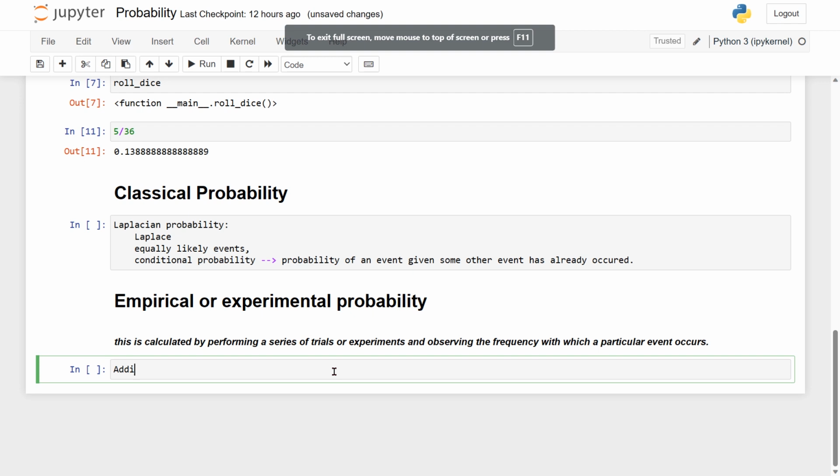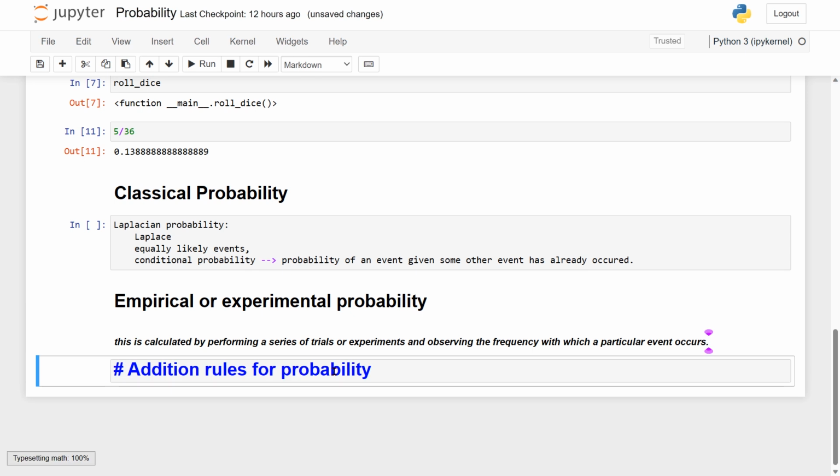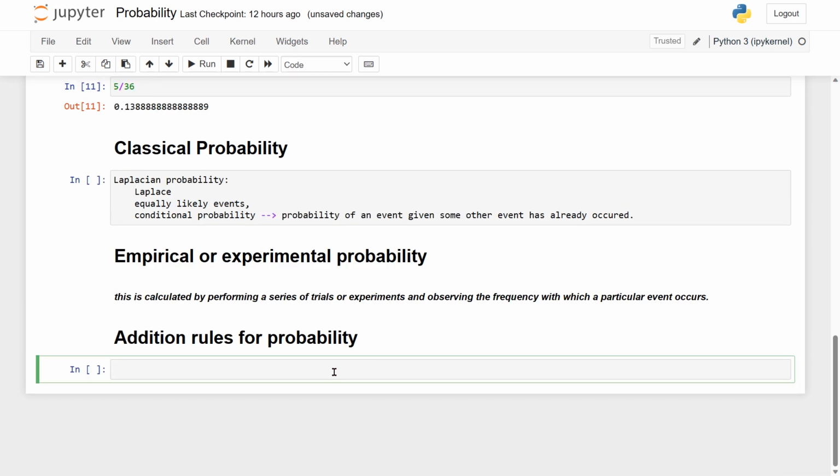So, addition rules for probability. See why this addition rule has come. When you calculate the probability of certain events, calculating the probability for a single event is fine, but sometimes you want to know the chance of this or that happening.